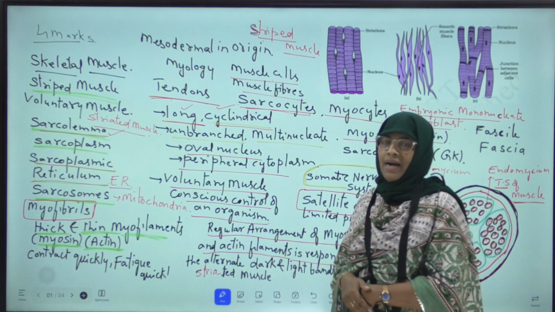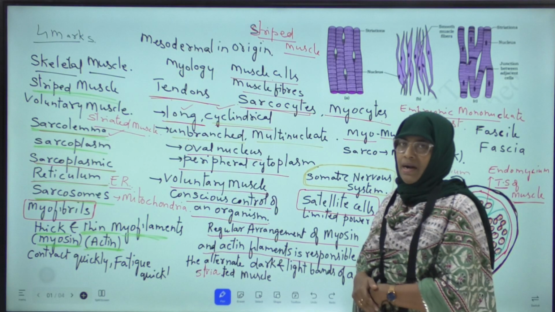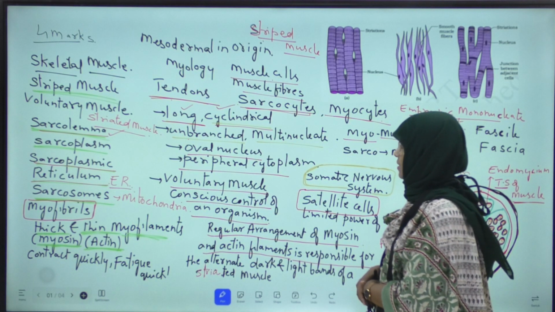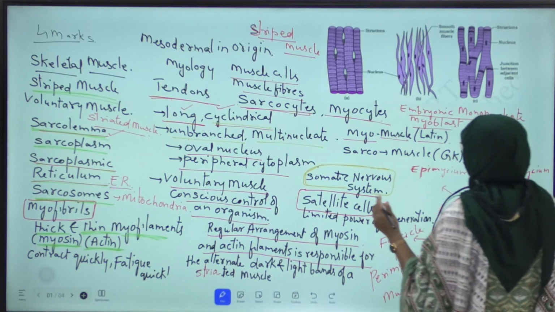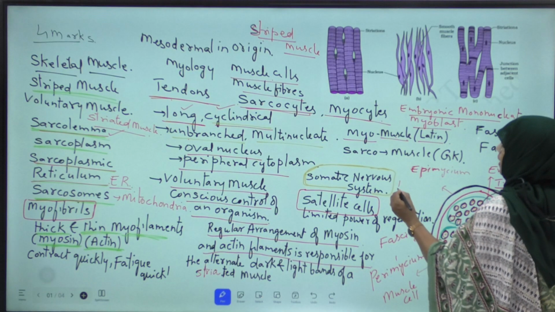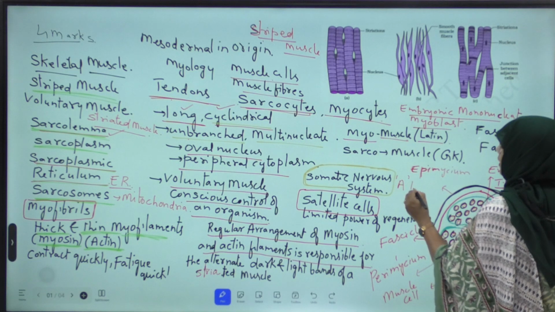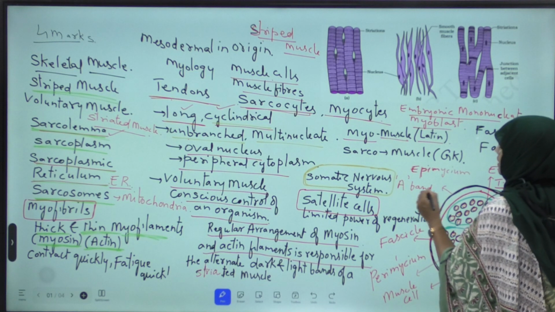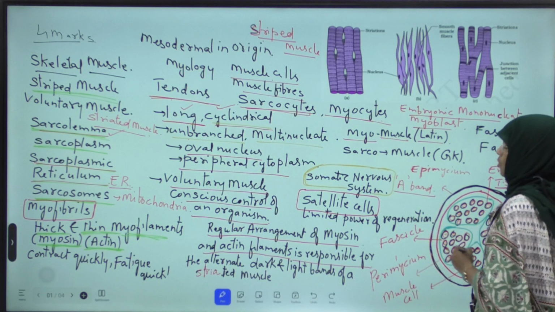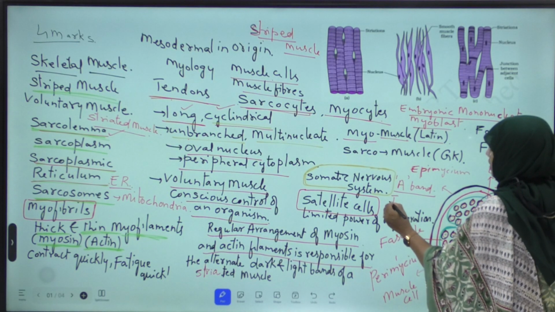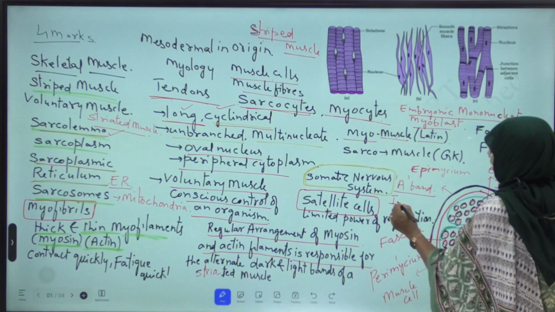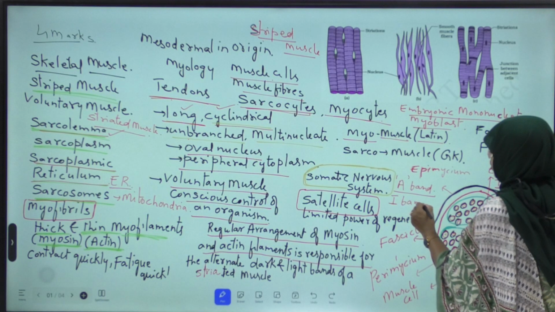Dark bands and light bands are arranged alternately. Dark bands are called A band or anisotropic band, and light bands are called I band or isotropic band.